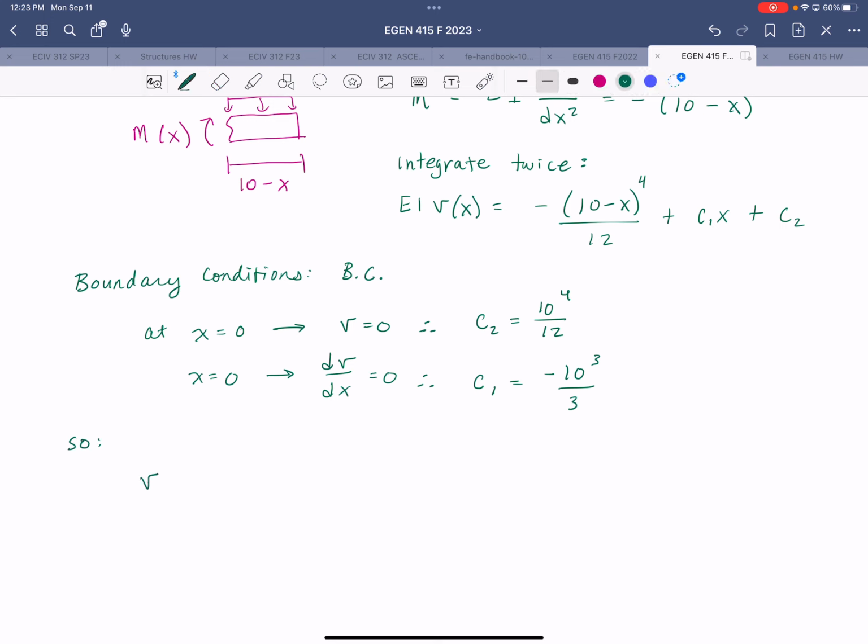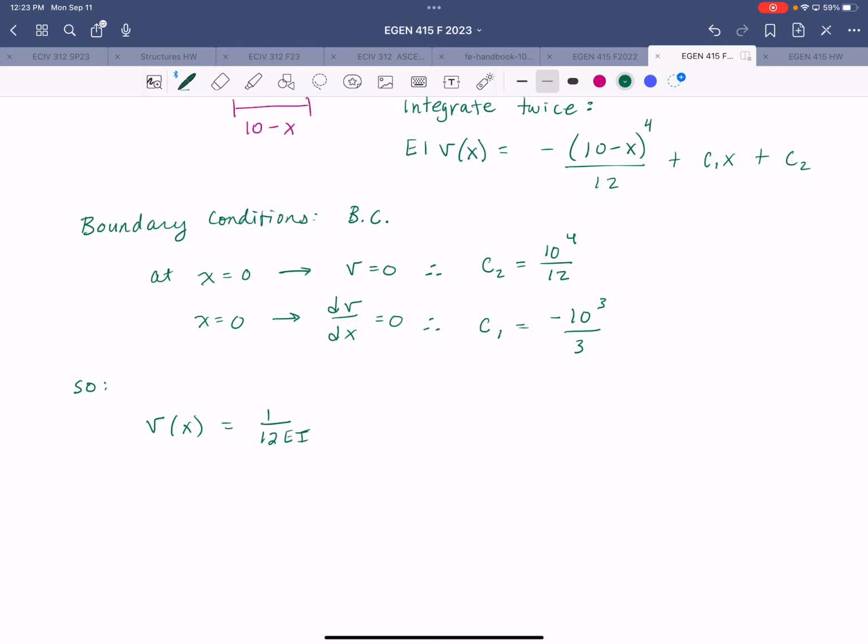So our result would be one over 12 EI, so we don't want to forget about the EI term in the final equation, times in brackets 10 minus x quantity to the 4th plus 4,000x minus 10,000.